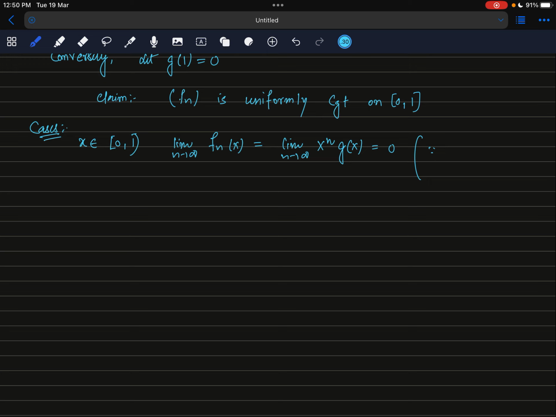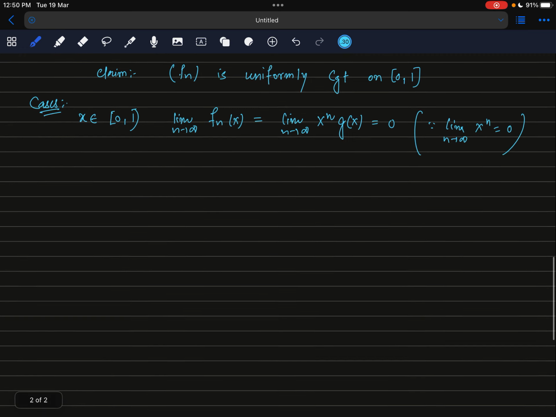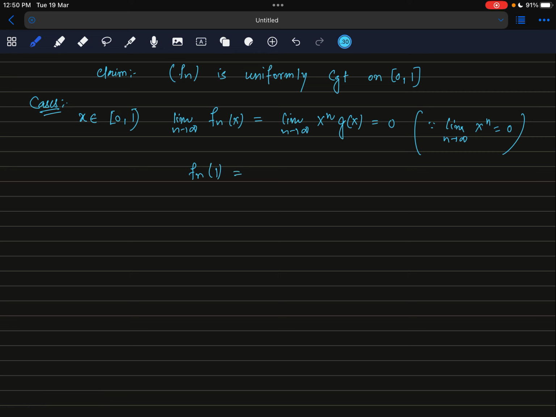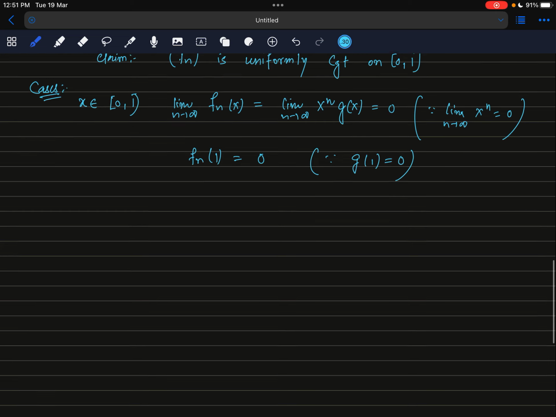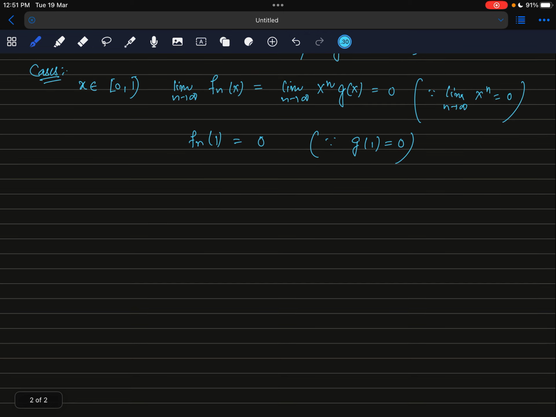Why? Since the limit of x^n equals 0. And f_n(1) equals 0. Why? Since g(1) equals 0.